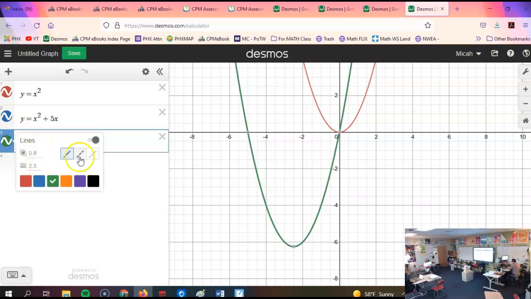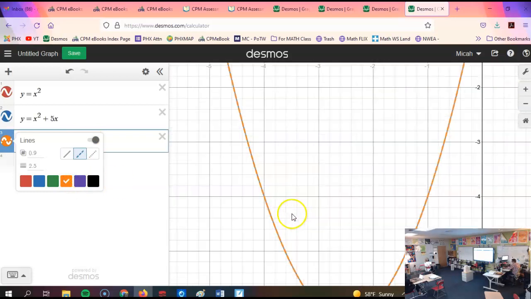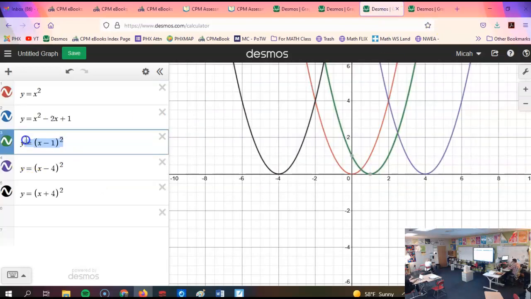I can also turn it into a dotted line so I can see the one behind it. The dots are kind of too thick. But if we zoom in, we can see that both lines are there. So it's like factor.